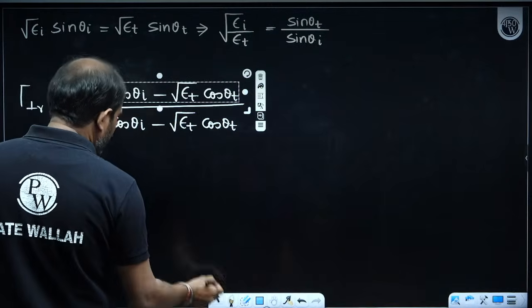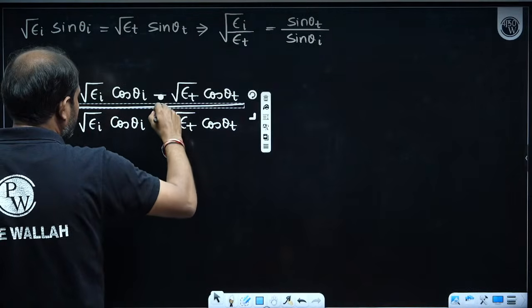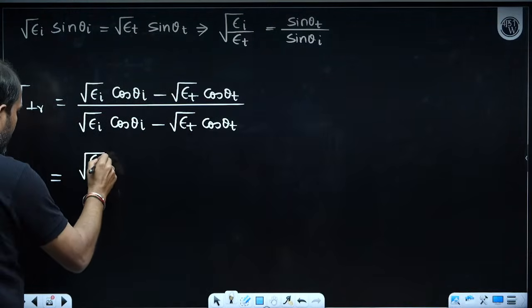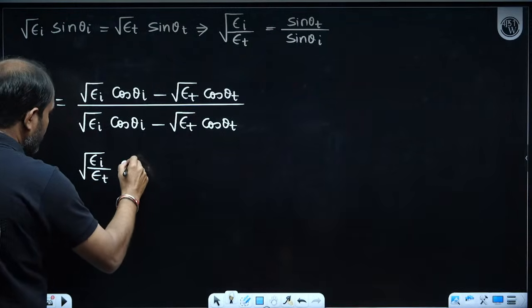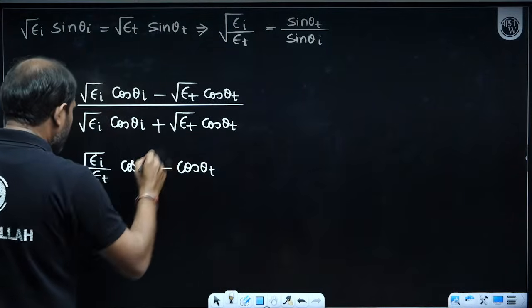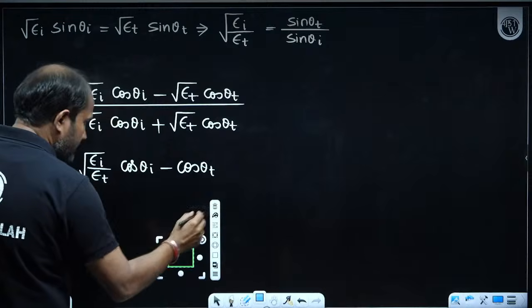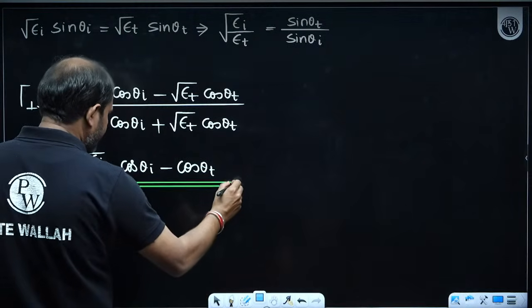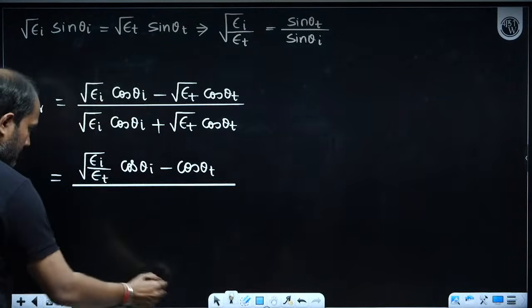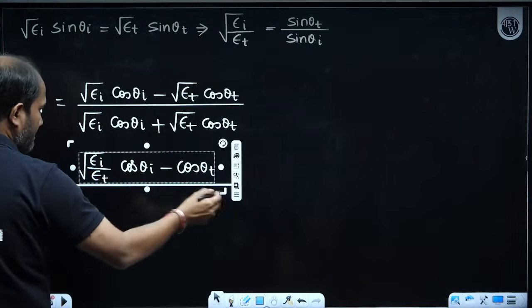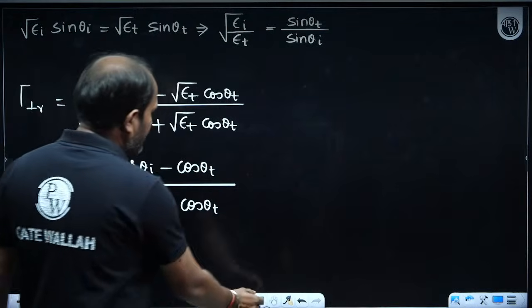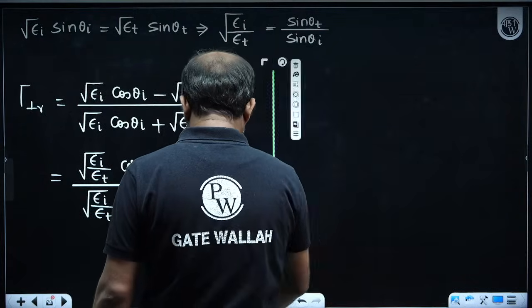I will take the ratio. Under root epsilon I upon epsilon t, cos theta I, cos theta t, under root epsilon I epsilon. Put the value of the ratio.